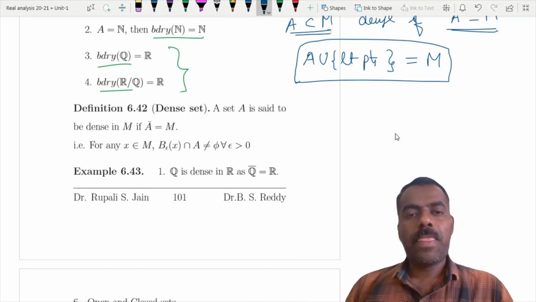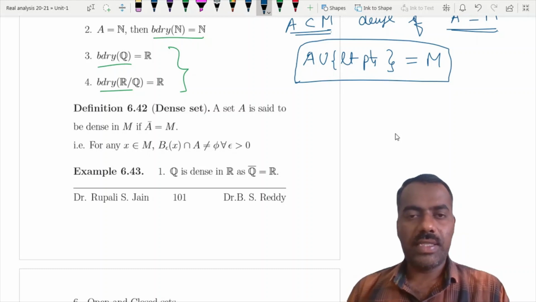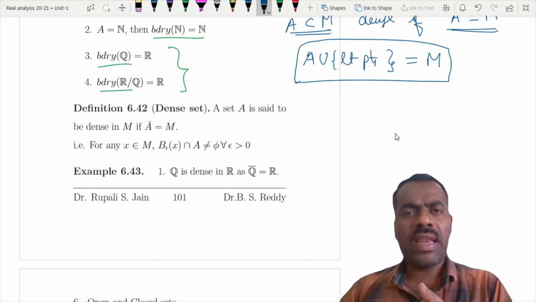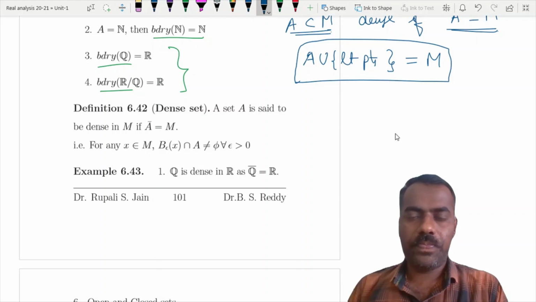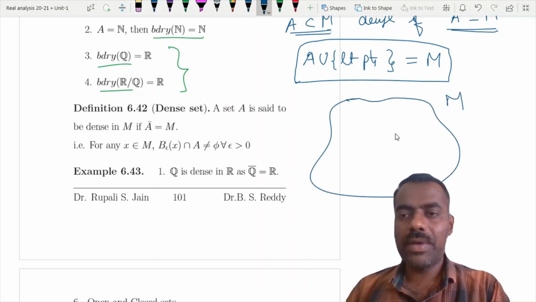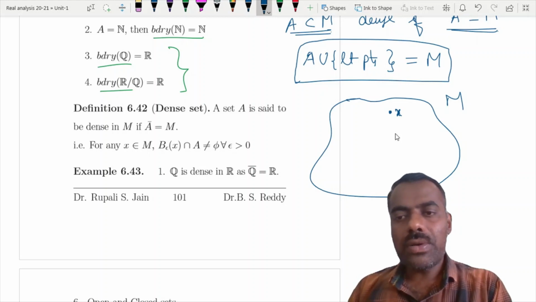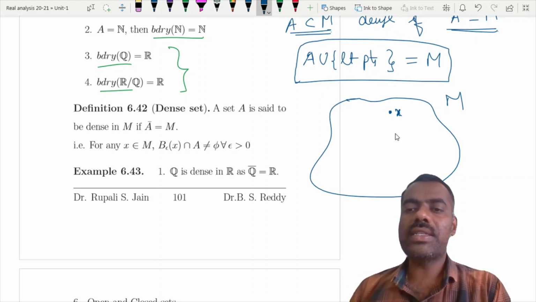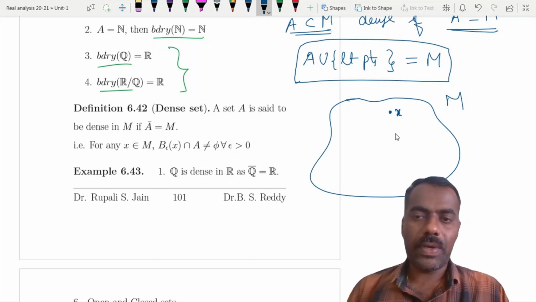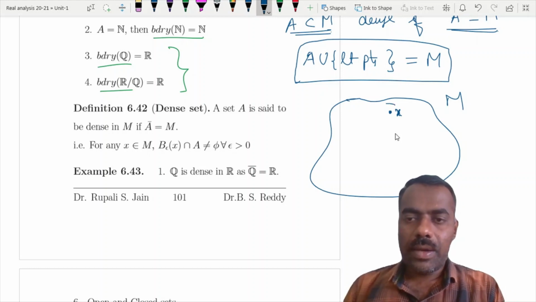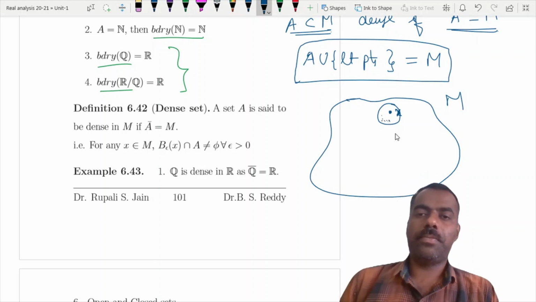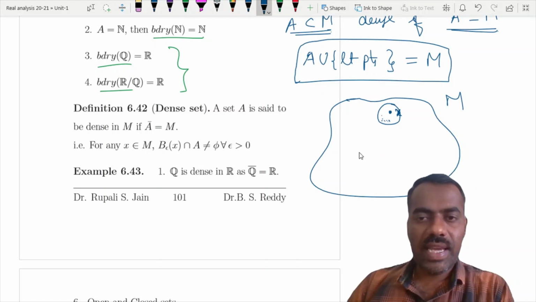In the sense that the elements of A are there everywhere in M. Suppose this is M, and if I take any point here, then we are able to find a ball around this point which intersects A. That means there is a ball around x where at least some points belong to A. In that sense, we say it is a dense set.